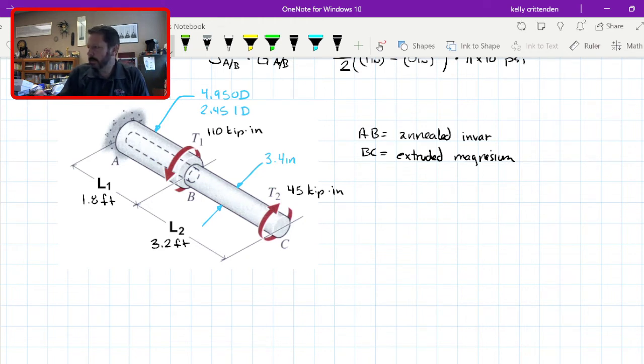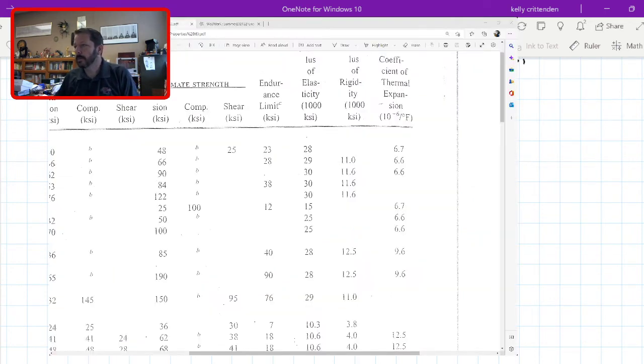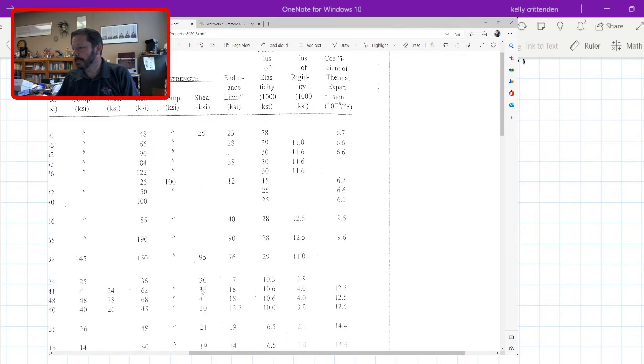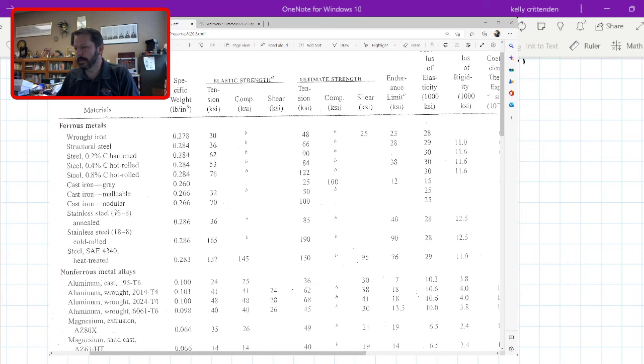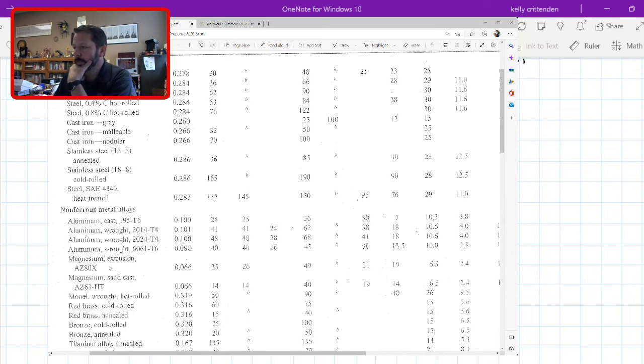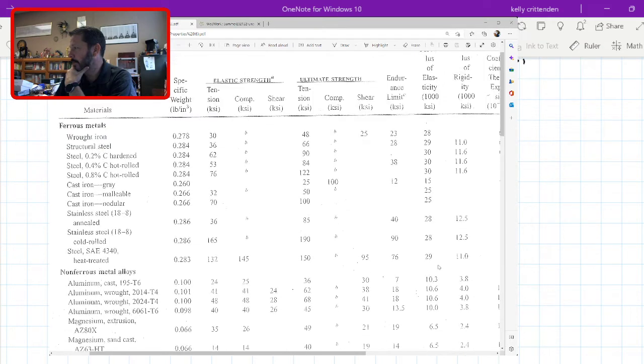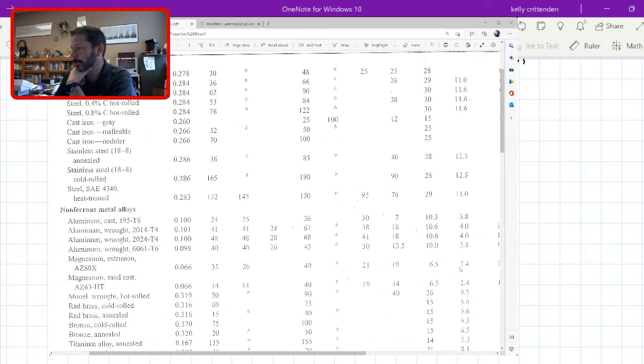All right, so let's go look up our material properties because I don't know them. So I'm just over here. I'm going to have to zoom out to be able to see the names of the materials. All right, so we've got extruded magnesium. So it looks like that, which column? This very far column, 2.4 million PSI.